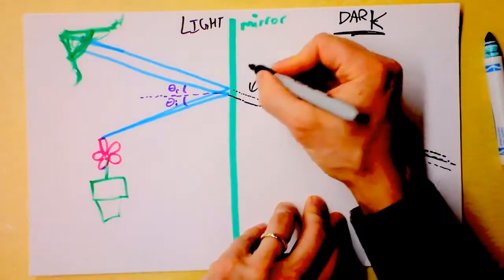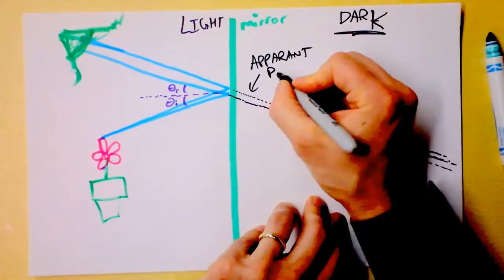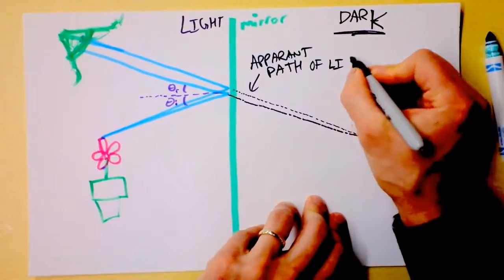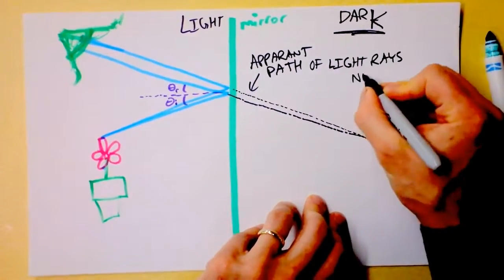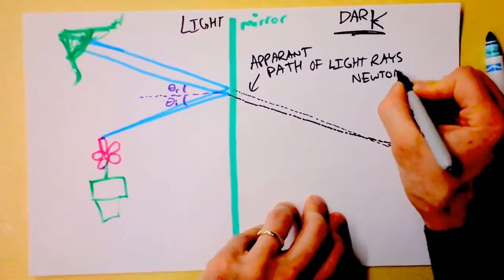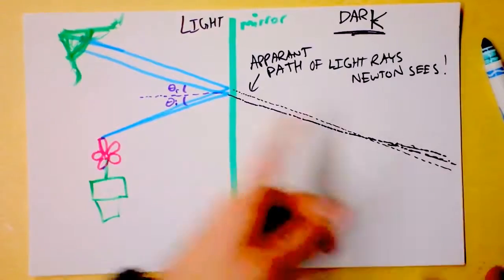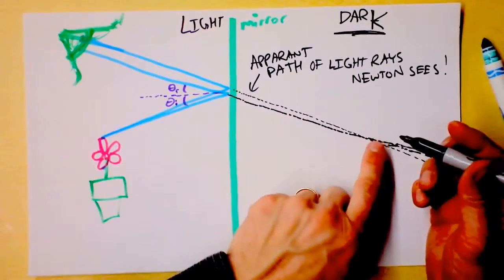This is the apparent path of the light rays that Newton sees. Okay, so they don't actually come from there, because they actually came from here and were reflected, but it's as if they came from over here.